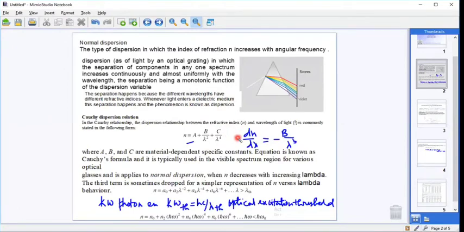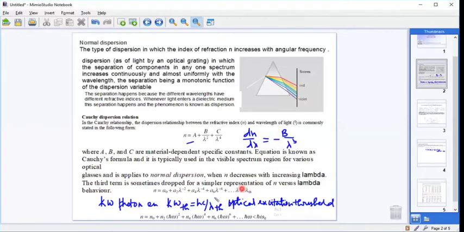The original expression was a series in terms of the wavelength lambda, or frequency omega, or the photon energy h-bar omega: n equals a0 plus a2 lambda to the power minus 2, plus a4 lambda to the power minus 4, plus a6 lambda to the power minus 6, and so on, as long as lambda is greater than the threshold wavelength.